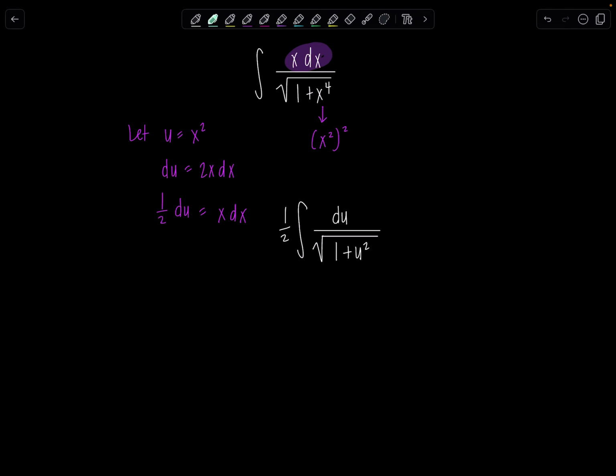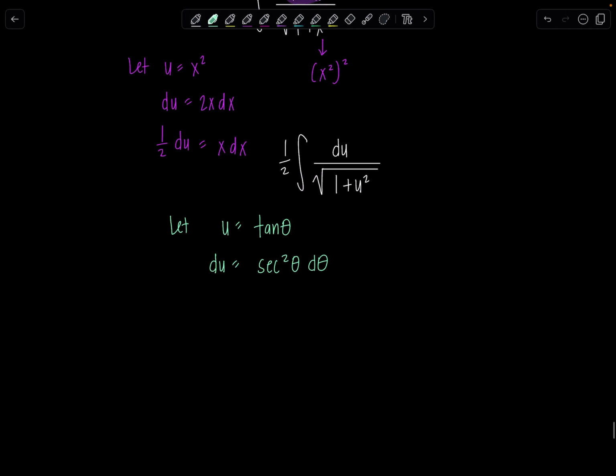All right, so let's go ahead. Let's let u equal tangent theta, and then du would be secant squared theta d theta. Okay, not too bad. So now we've got 1/2, and in the numerator we have secant squared theta d theta over the square root of 1 plus u squared, which would be tan squared theta.